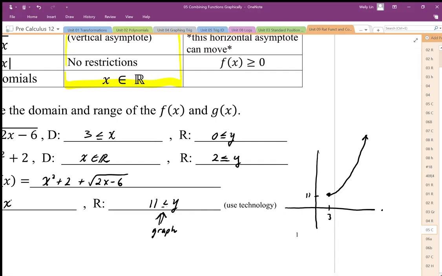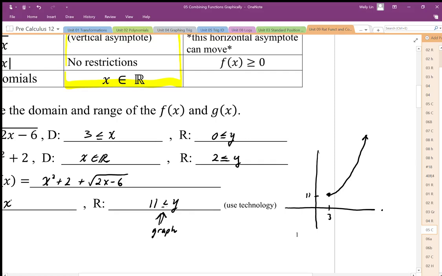However, I will mention that it can be done with some other analysis, and this is a little bit more complicated. When we look at the domain of this function, we know that x is greater than or equal to 3, and we know that the square root part of this graph is always increasing. We call it strictly increasing.